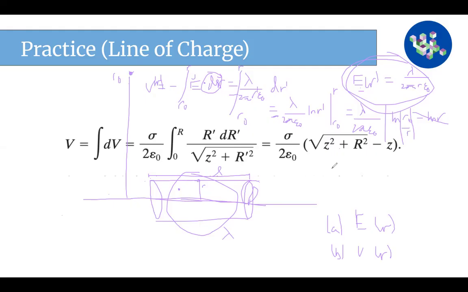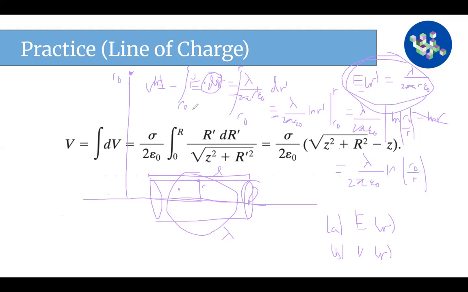So our final answer would be, let me write it out a bit more neatly, lambda over 2 pi epsilon 0 times ln of r0 over r.